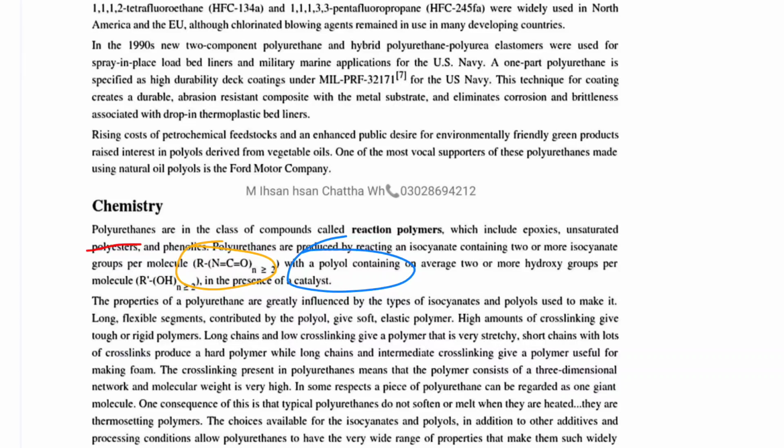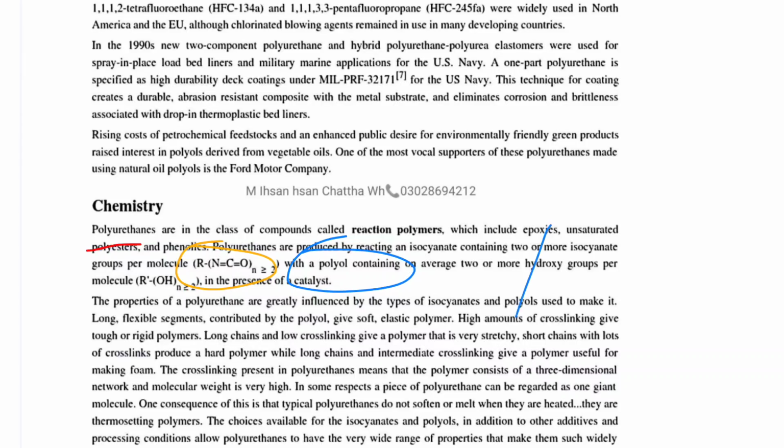Cross-linking present in polyurethane means the polymer consists of a three-dimensional network and the molecular weight is very high. In some respects, a piece of polyurethane can be regarded as a giant molecule.